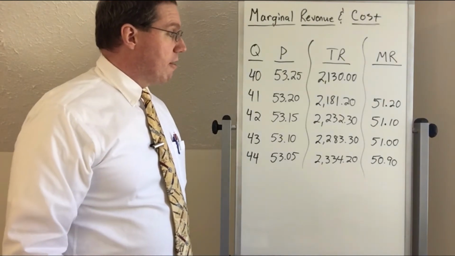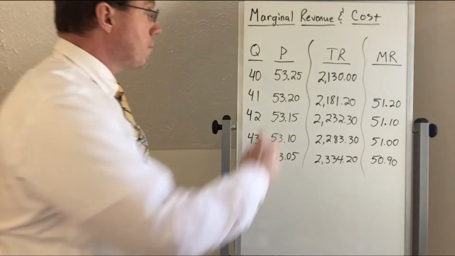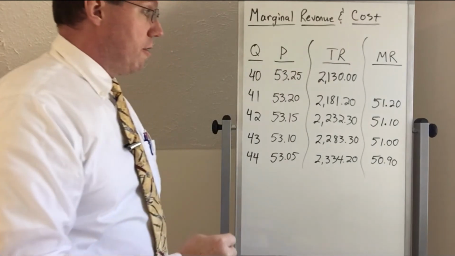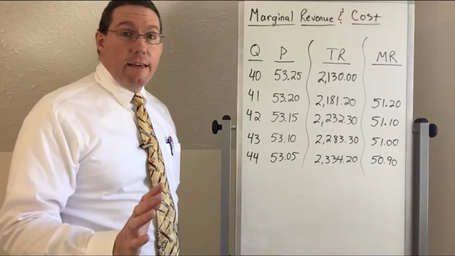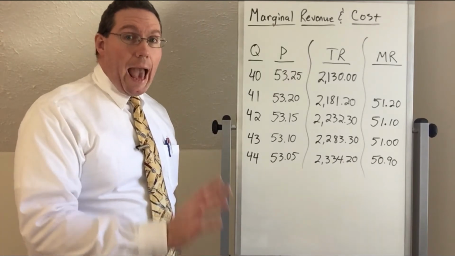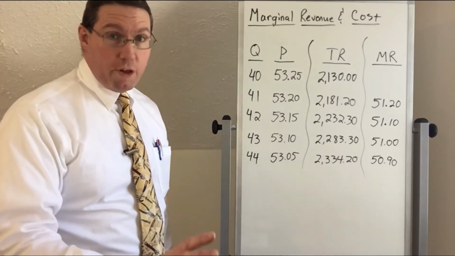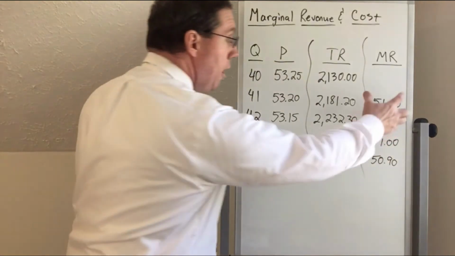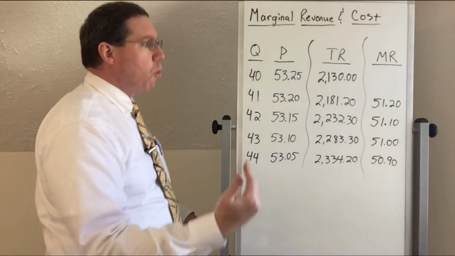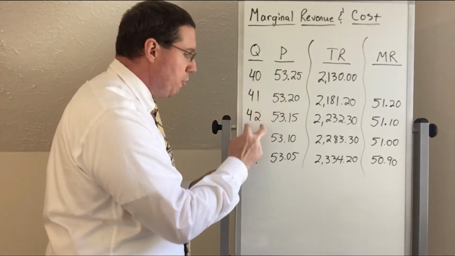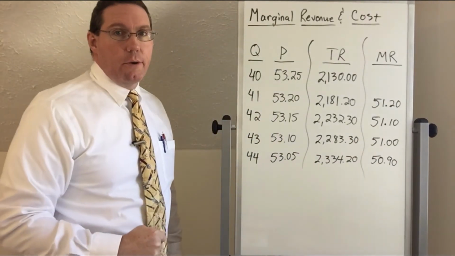Okay? And so the last thing I want to say here about marginal revenue before we go into marginal cost is, remember our saying is that benefits tend to decrease as we use more resources, right? Well, here you go. Benefits tend to decrease as we use more resources to produce higher quantities, okay?